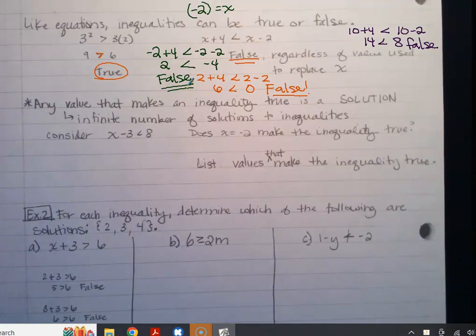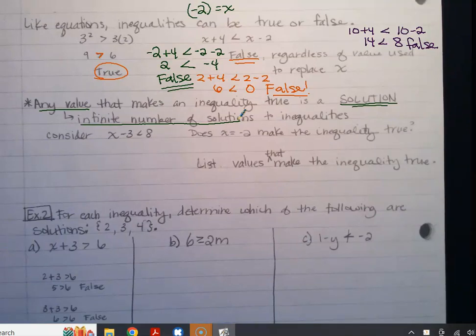All right. So again, they can be true or false. Here's the thing though. Any value that makes an inequality true is a solution, which means there are an infinite number of solutions to inequalities, because it's any and every number less than 2 or whatever.